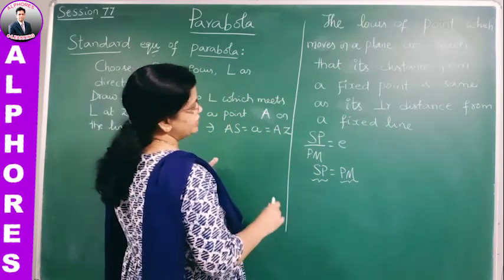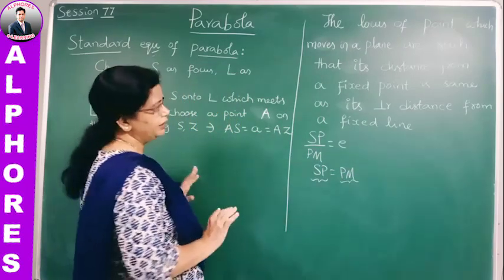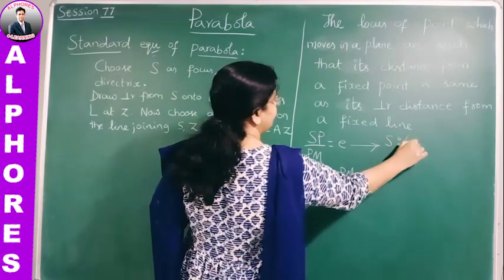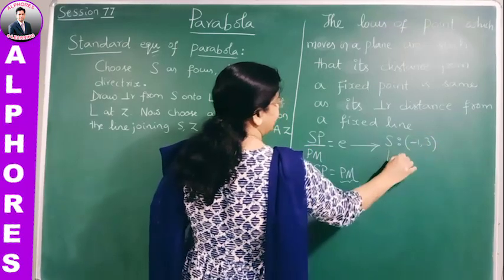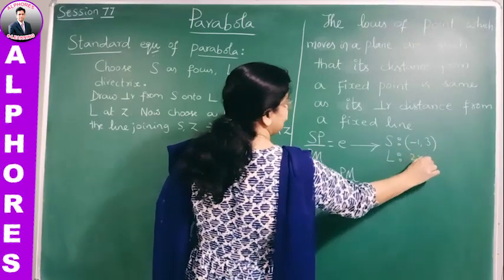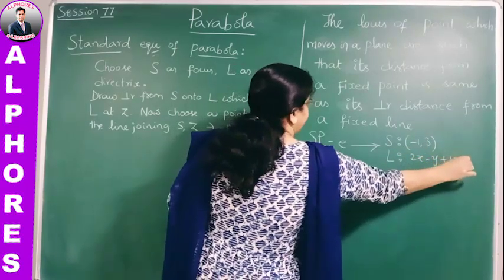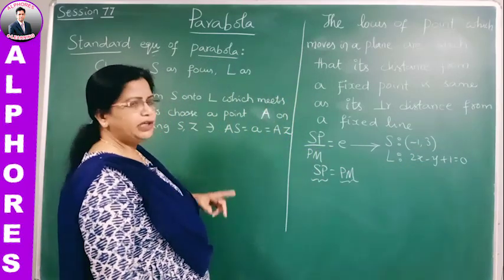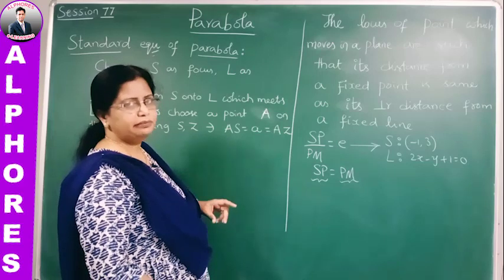Now whenever they ask for the equation of a conic when the focus is given as, say, (-1, 3) and the directrix equation is given as, say, 2x minus y plus 1 equals 0, the eccentricity value they may give as 1, or 1/2, or some 3, like that.